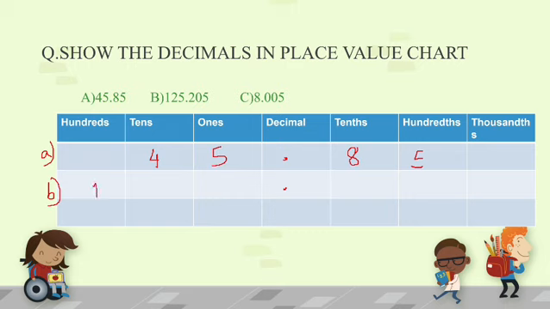That is 1, 2, 5, and then write down the decimal part, that is 2, 0 and 5. Next number is C.